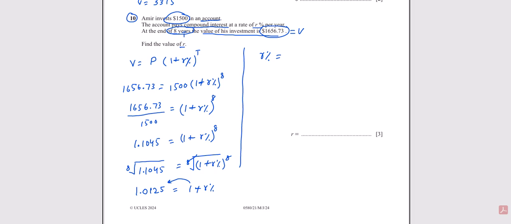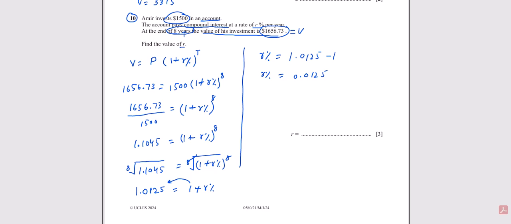So r percentage is equal to 1.0125 minus 1. Subtract these values, we get 0.0125.